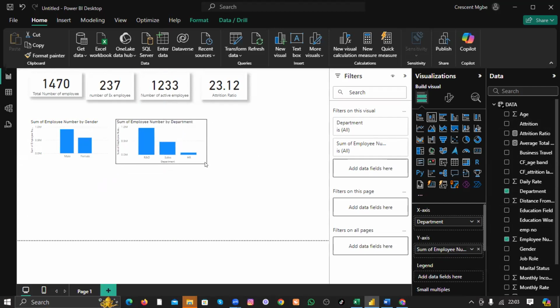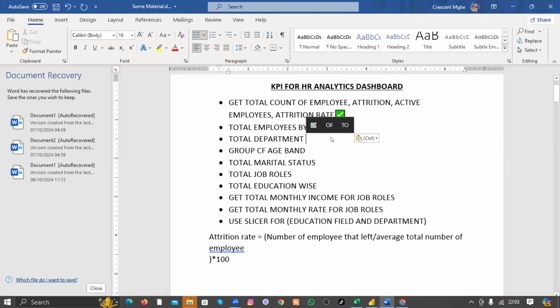You can see that we have more people in research and development, more people in sales, and then just few people in HR. Of course, in an organization HR doesn't really need to be much. It's just people in charge of employing people and sacking them, taking care of salaries, postings, promotions, and all that. So they are not expected to be many in a hospital setting. You're expected to have more medical staff and sales staff than HR. That's fine.